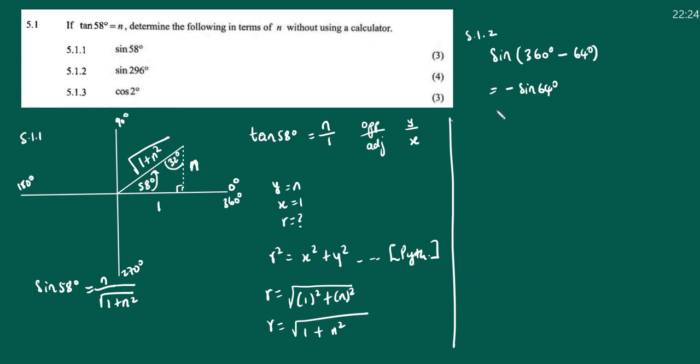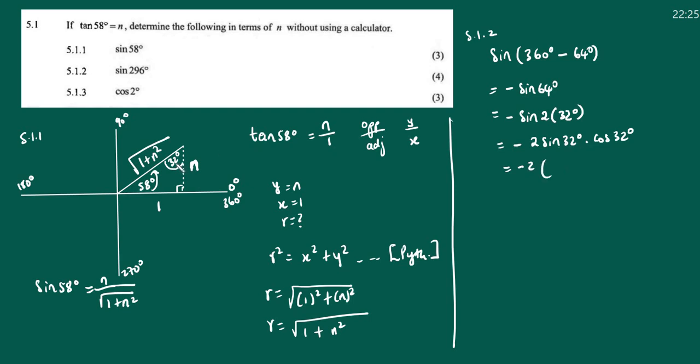So you say, oh okay, this means I can write this thing as sine of 2 times 32 degrees. And if I write it like that, it means I'm going to have 2 sine 32 degrees times cos 32 degrees. Now you can work with that angle.